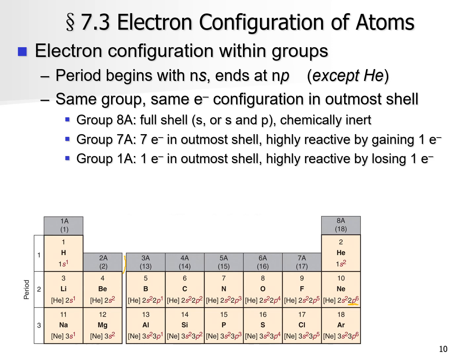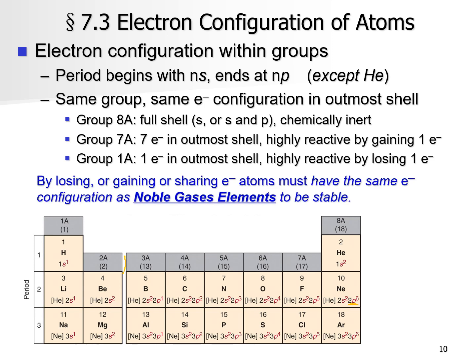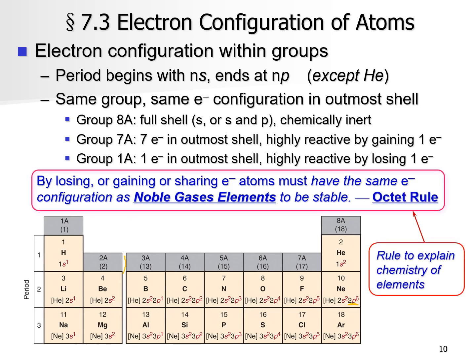From this discussion, suddenly we realize that we can have another way to describe the octet rule. This rule tells us that by losing or gaining electrons in the cases of group 7A and 1A, or sharing electrons, which we're going to discuss in chapter 8, atoms must have the same electron configuration as a noble gas element to be stable. That is what the real octet rule is for.